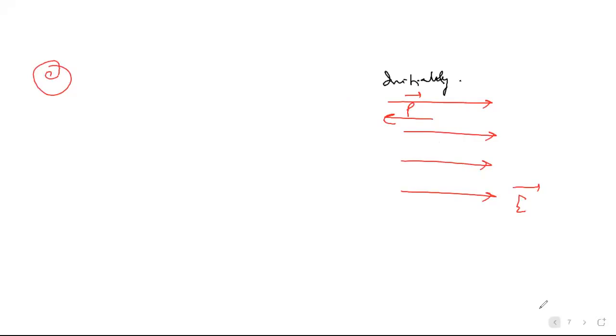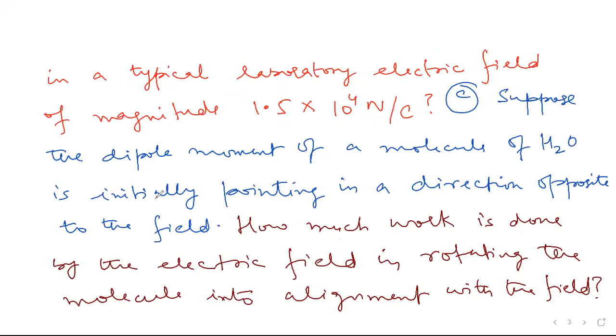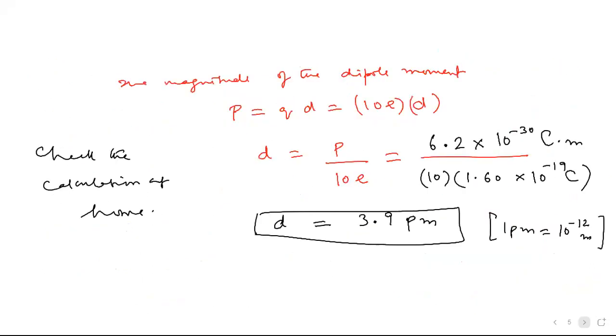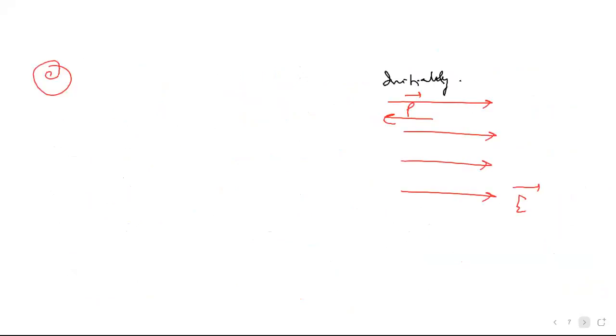Then the question says, so dipole moment of molecule of H2 is initially pointing in a direction opposite to the field. How much work is done by the electric field in rotating the molecule into alignment with the field? So the electric field will act on this dipole.